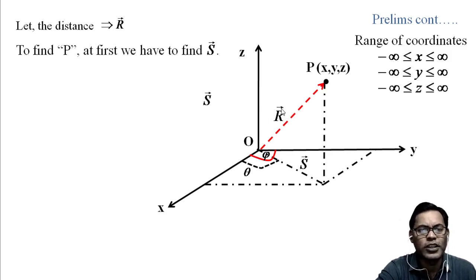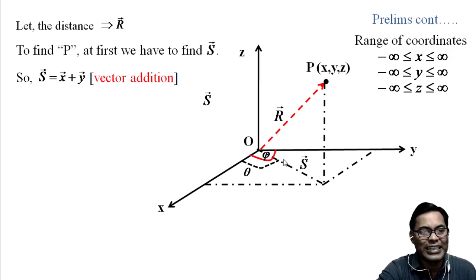To find this r, first we need to find the vector s. We can find the vector s easily by vector addition. That means vector x plus vector y, where vector x is along the x-axis direction and vector y is along the y direction, from O to this point.